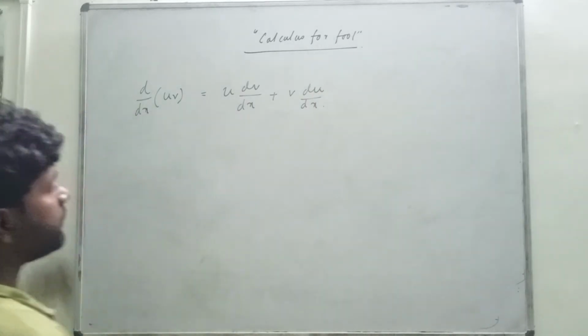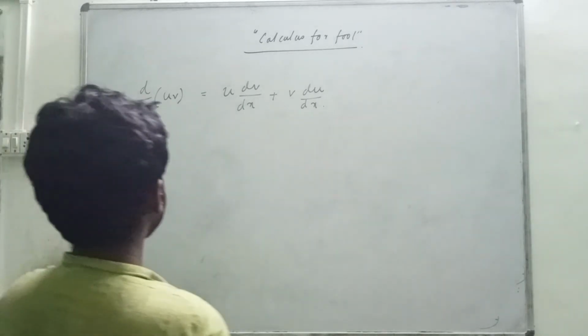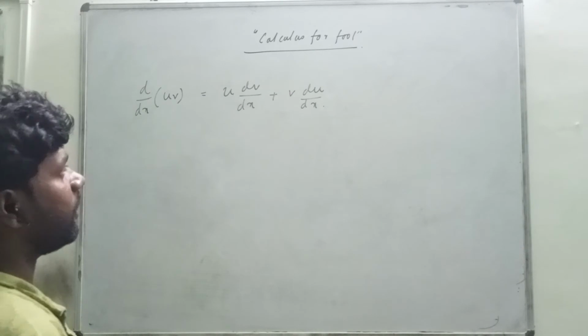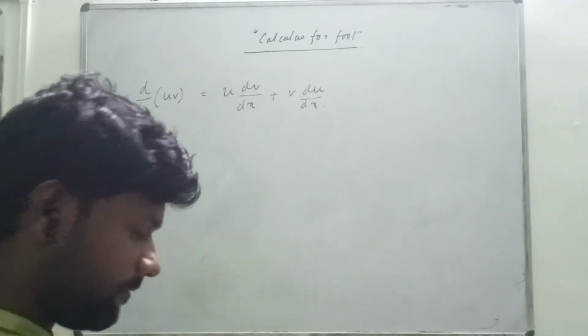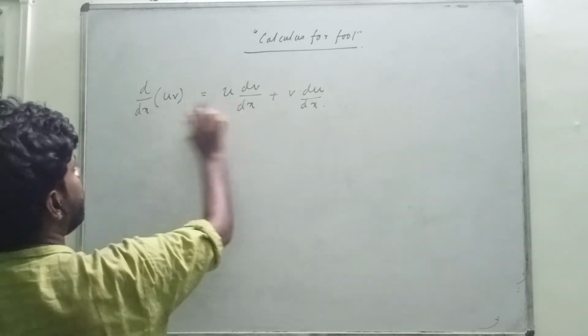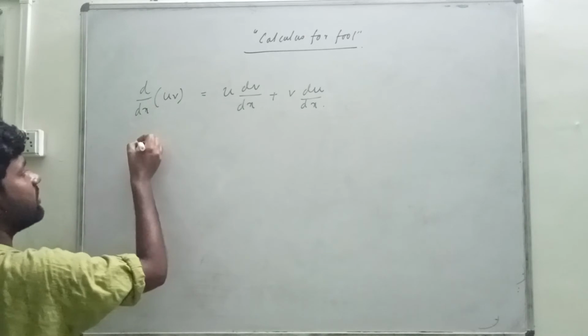It is the product rule of dy over dx. Now, from this, I will proceed to our by parts formula. Just cross multiply it with dx here.